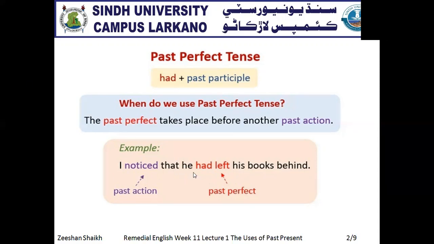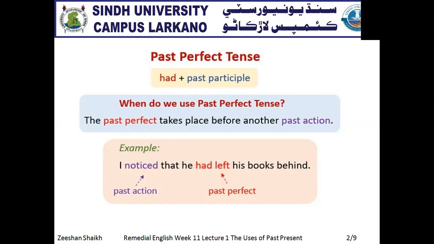I noticed that he had left his books behind. Now we have to see which action has come first. In this sentence, he had left his books behind comes first, so this would be your past perfect, because the action was done before.